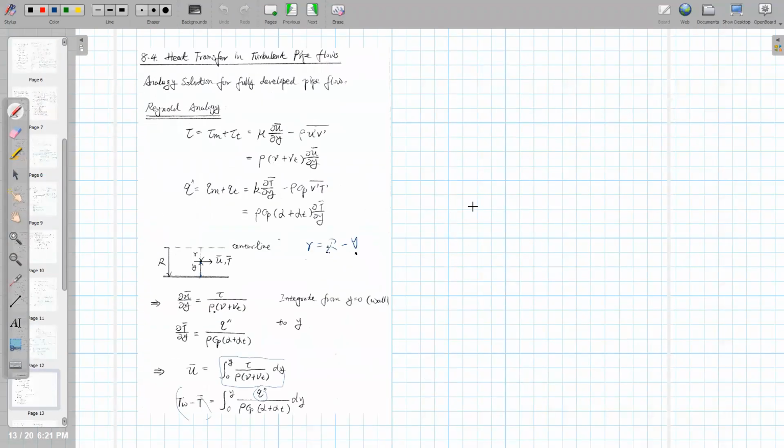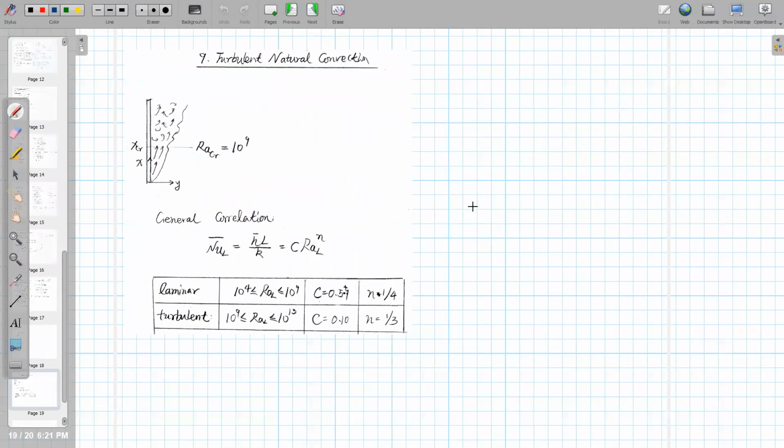Okay, so then we finish the turbulence analysis for internal flow. The last one is the turbulent effect for natural convection, right? We talked about the turbulence effect for internal flow and external flow, and a similar thing applies for natural convection. For external free convection, like around a vertical plate, along the x direction your Rayleigh number will be increasing, right?